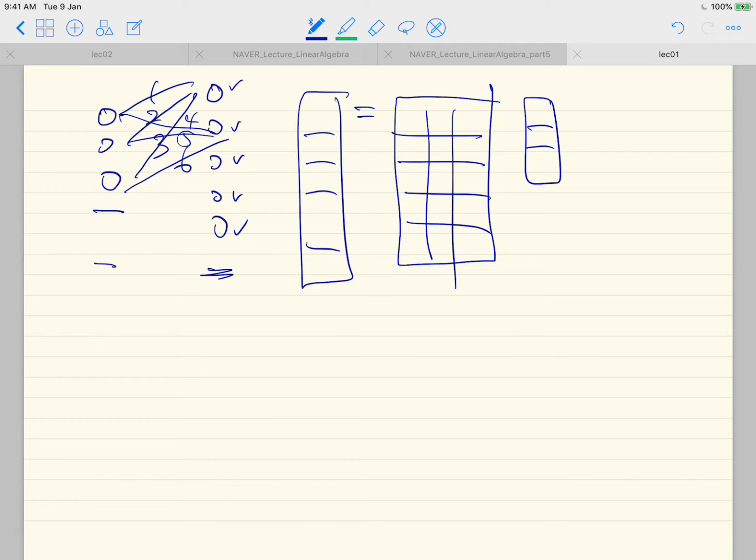So this is y equals Wx, right? Here we have 1, 2, 3 and 4, 5, 6 and 7, 8, 10 and so on. Let's consider each row: the first row, the second row, the third, fourth and fifth row.